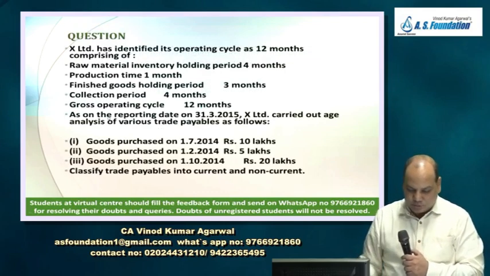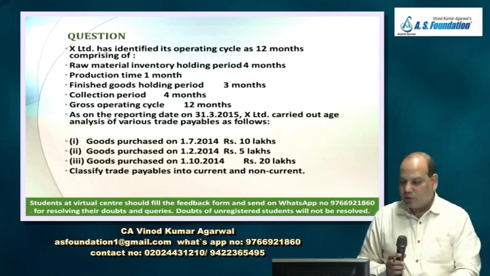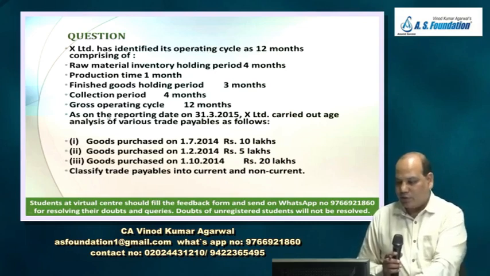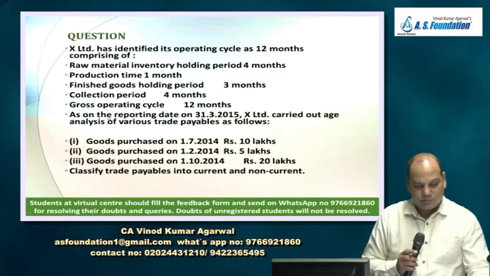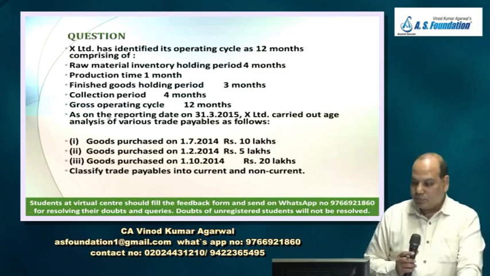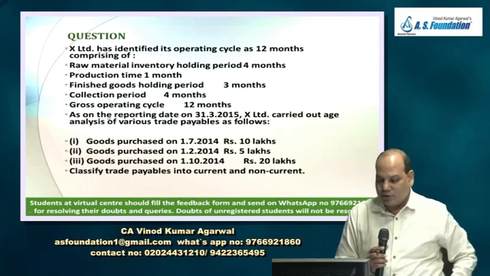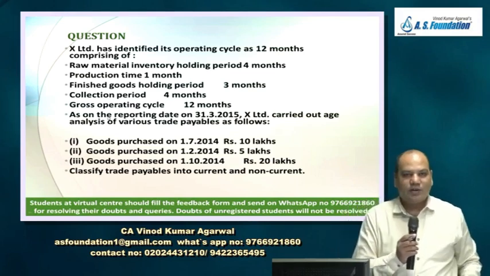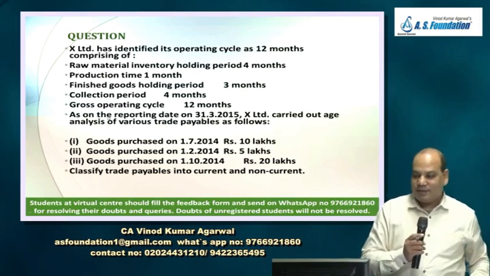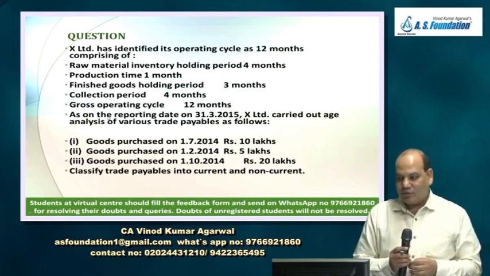Okay, solve one more question. X Limited has identified its operating cycle as 12 months, comprising of raw material holding period 4 months, production time meaning work in progress 1 month, finished goods holding period 3 months, collection period 4 months, gross operating cycle 12 months. It is not same. Let us read further.